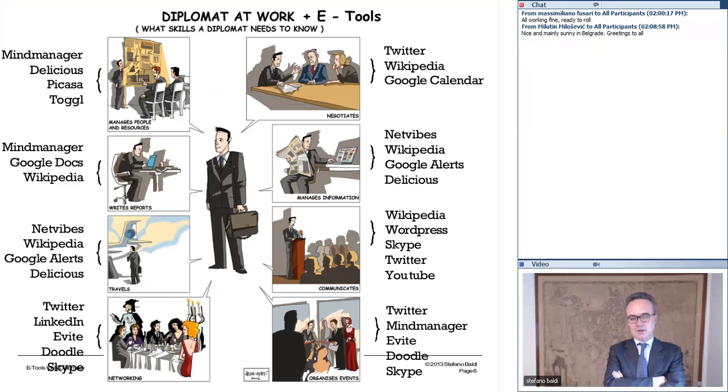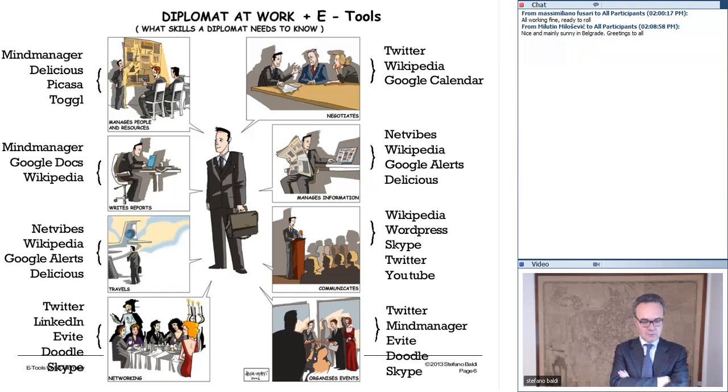Here I put together some of the skills, some of the activities of diplomats, typical or less typical, and then I put close to it some indication of what kind of eTools could be useful, helpful, or you use other definitions for in that occasion.